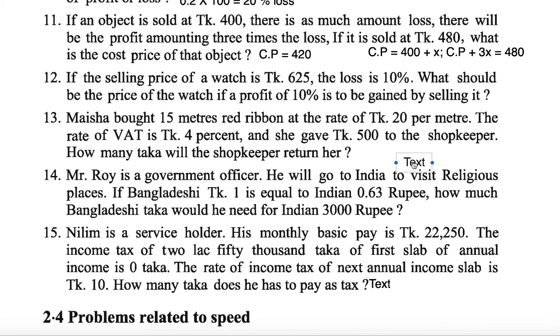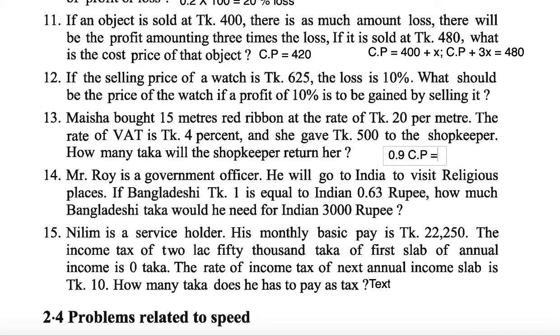Cost price minus selling price, which is 625, equals 10% of cost price. We can write the equation the other way also: 1 minus 0.1, that is 0.9 CP, is nothing but 625.